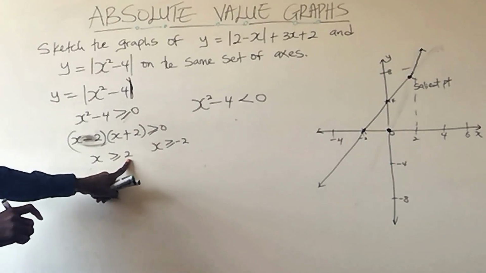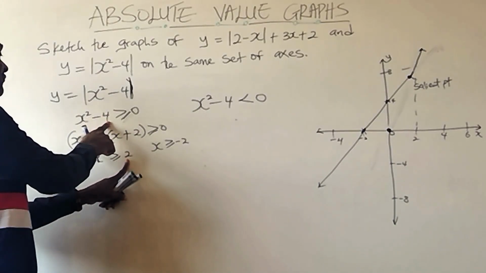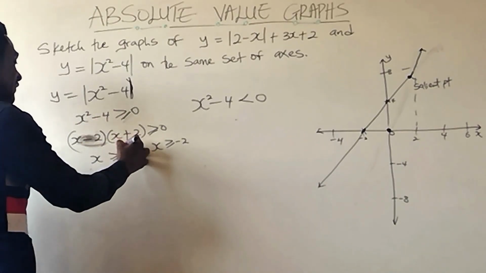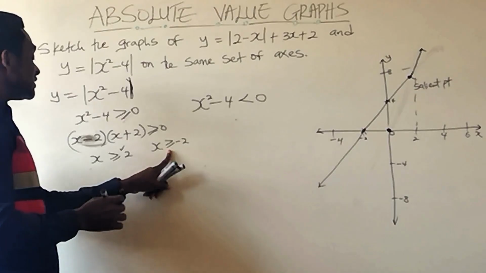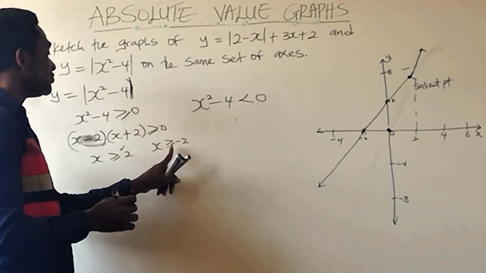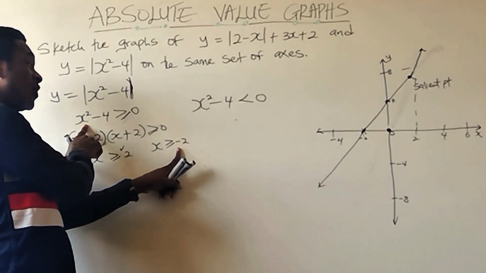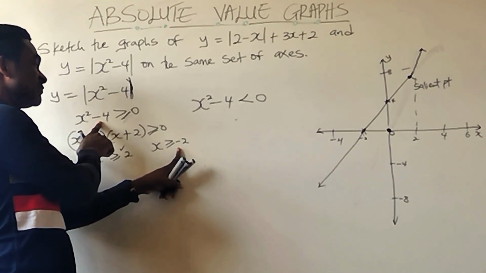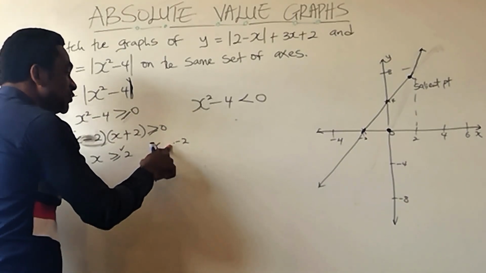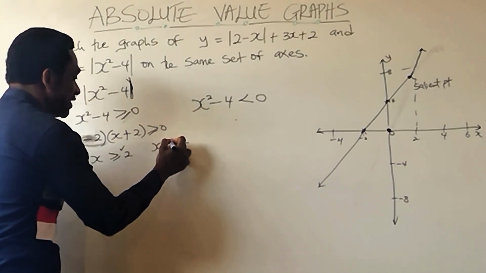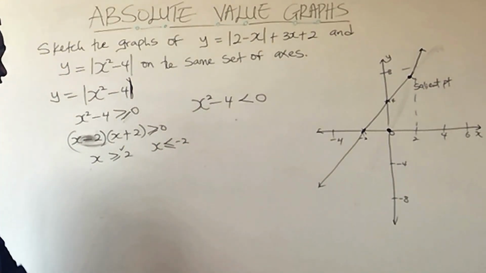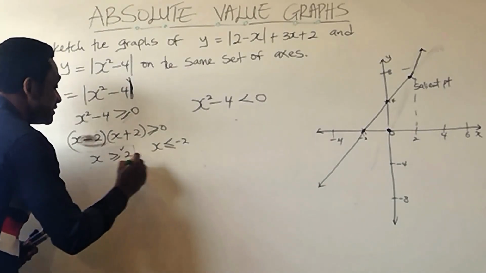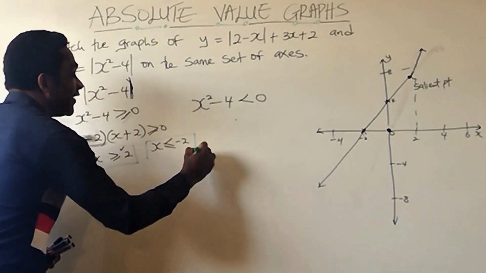Greater than 2, if we take 3, 3 squared minus 4 is 9 minus 4, which is 5, this is valid. Greater than or equal to negative 2, let's choose negative 1. Negative 1 all squared is 1, minus 4 is minus 3, which is not valid. So using the critical value, we change this to less than or equal to. So these are the two conditions that will make this expression valid.